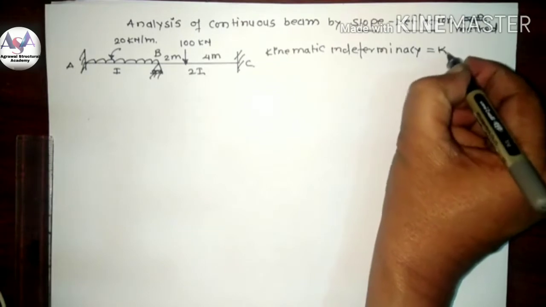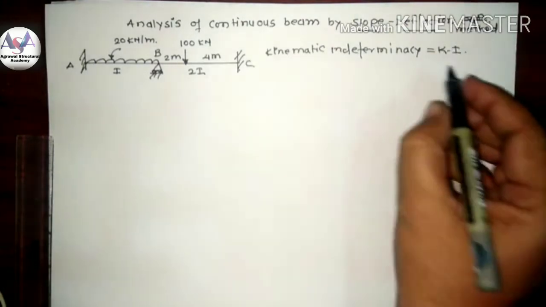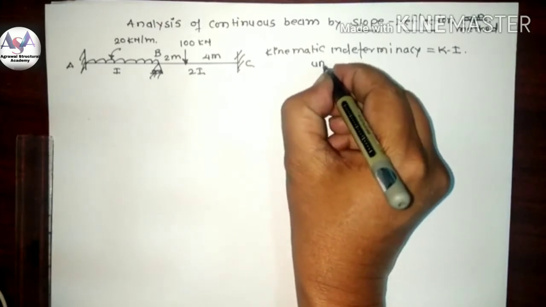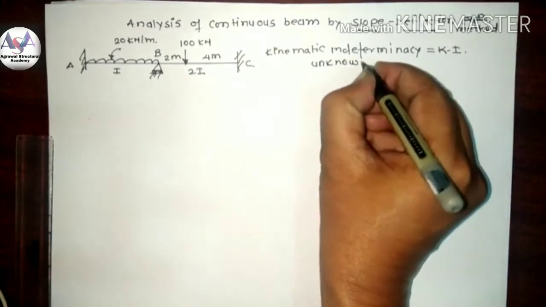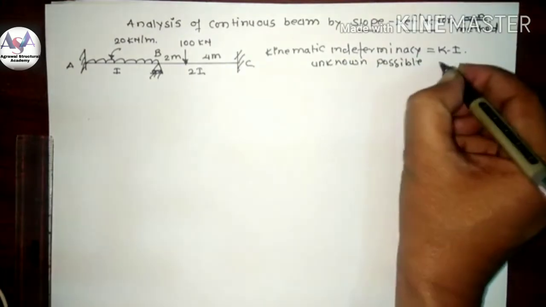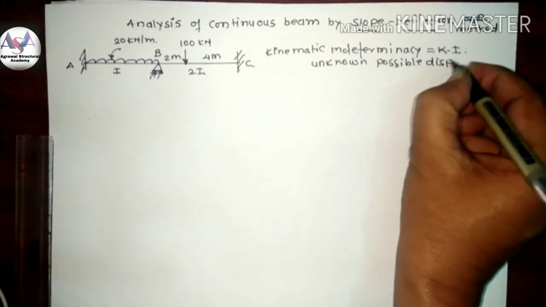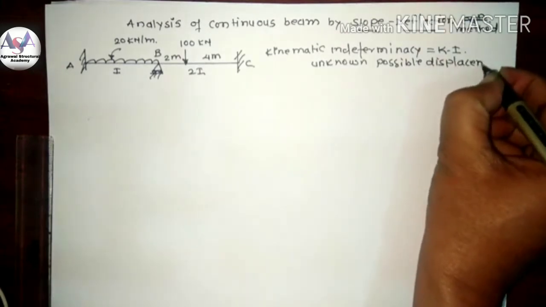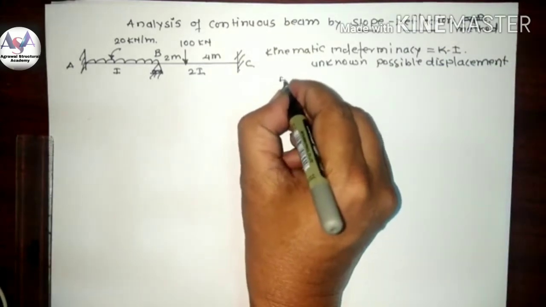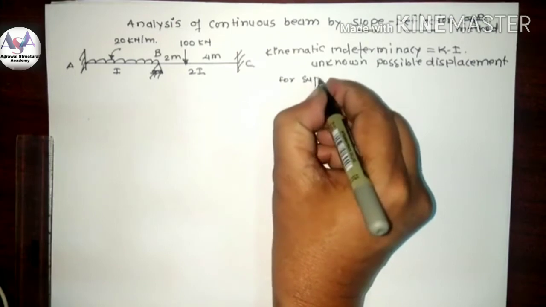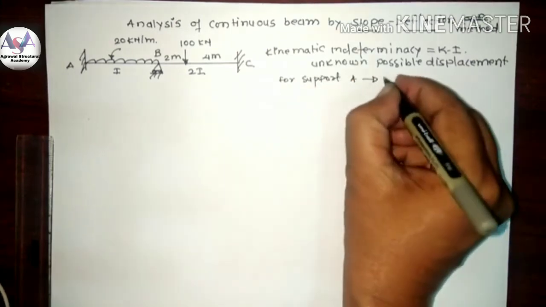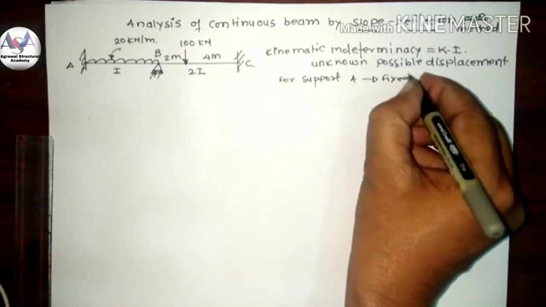That we call as Ki. That means Ki is nothing but the unknown possible displacement. So for support A, that support is fixed.